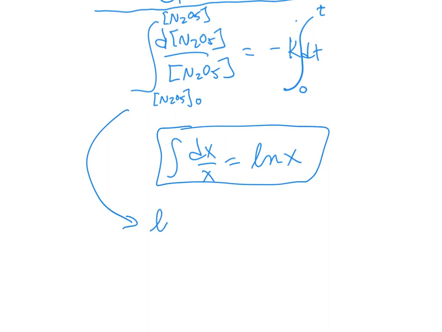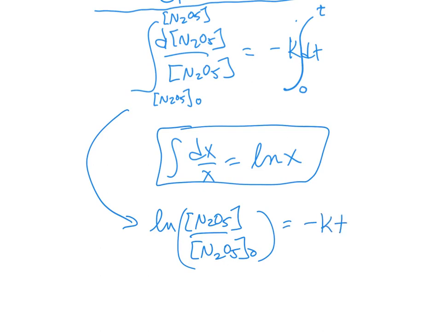So we're going to integrate this, and it'll be ln of [N2O5] divided by [N2O5] initial. I plugged in the limits, and this will be equal to negative kt minus 0. This is going to be the final result here. This is the equation that you want to learn.